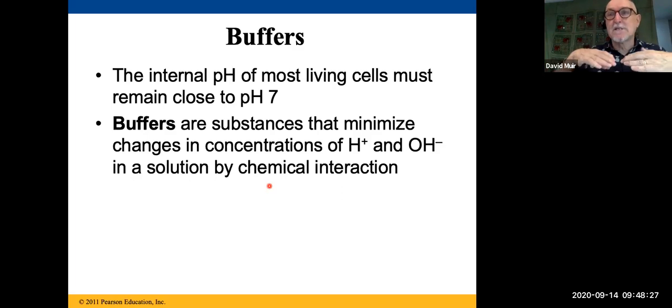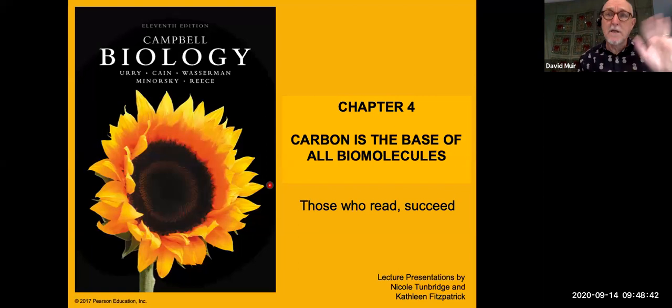But buffering systems reduce the acidity and bring the pH back to an optimal level. And just remember, if you want to read up on how buffering systems work, it details it in your book. Okay, so that's all I'm going to say about water.